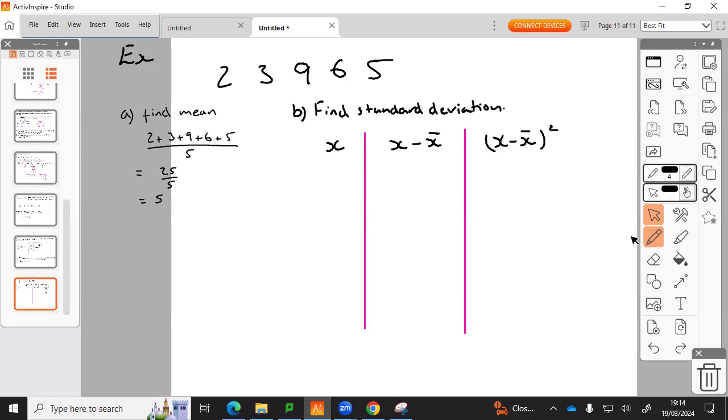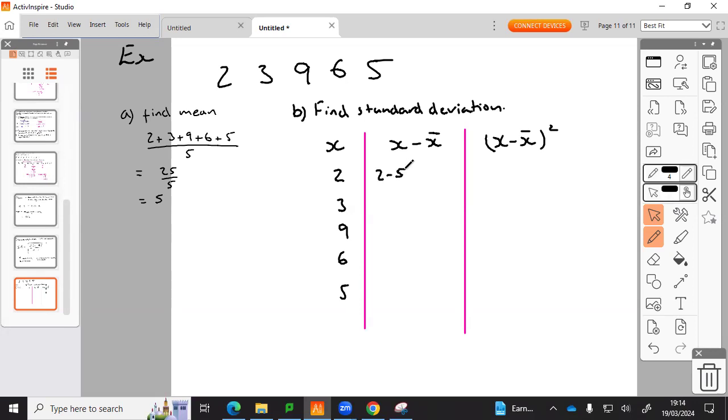X is just the numbers. So you're literally just putting in that column the numbers 2, 3, 9, 6, 5. X minus X bar. Well, X bar is the mean, so you just worked out the mean. So the mean is 5.